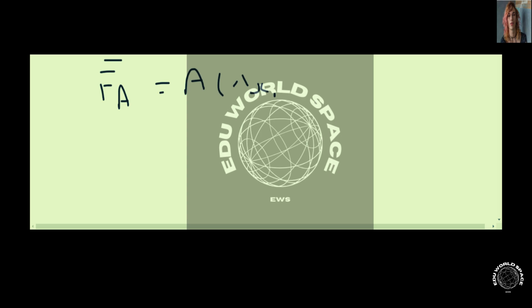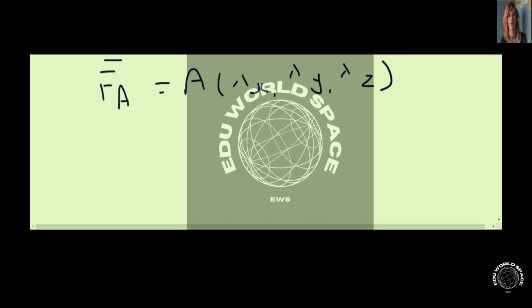Since the line of action of the force FA is given, we have to find only the magnitude of the force to determine the force applied at A. We can write it down as FA is equal to A times lambda x i, lambda y j, lambda z k, where lambda x, y, z are the factors of the unit vector that defines the line of action.